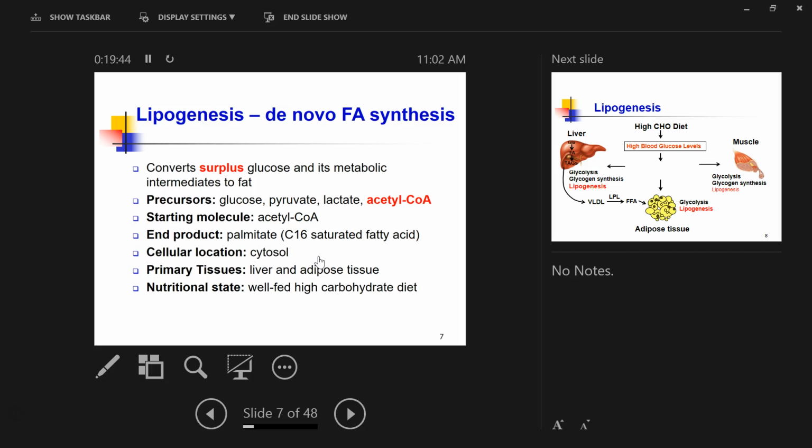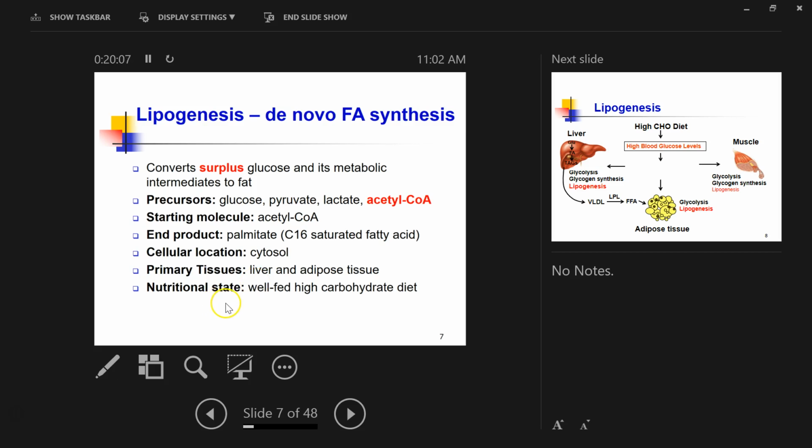So palmitate, our body can synthesize a lot. And again, the cellular localization of lipogenesis is the cytosol, and the primary tissues for lipogenesis are liver and adipose tissue, right?